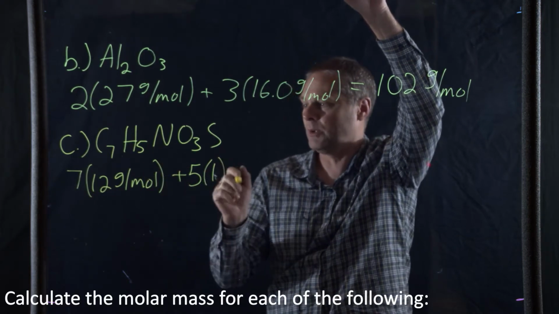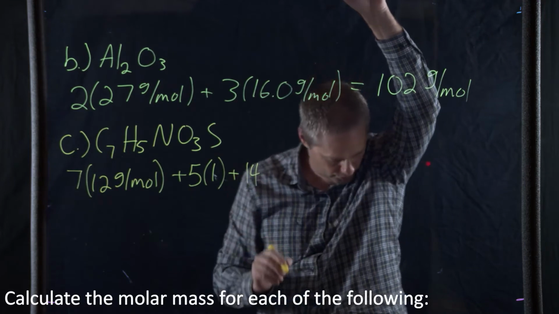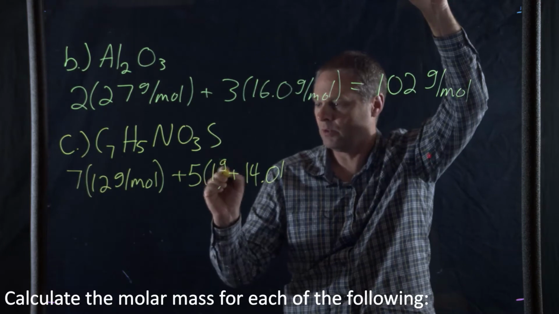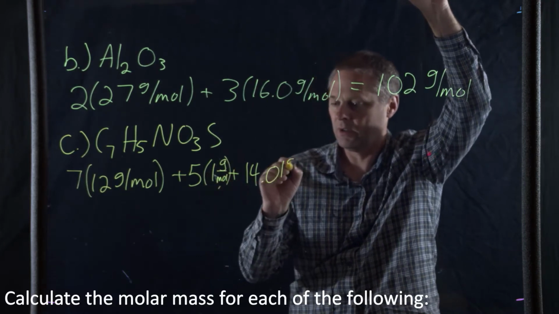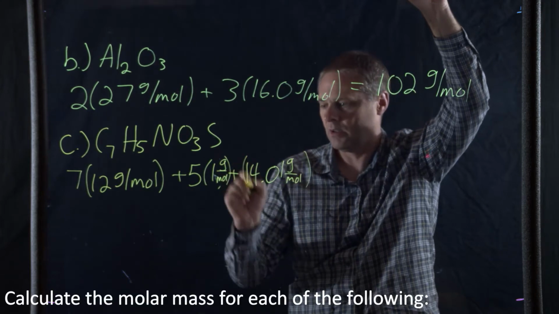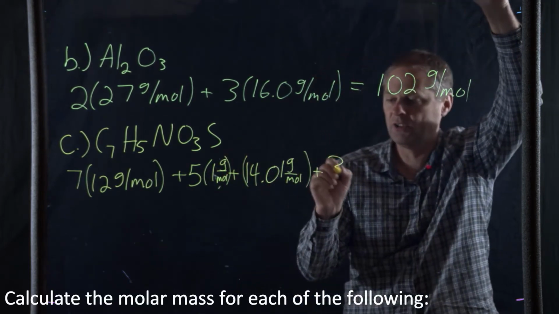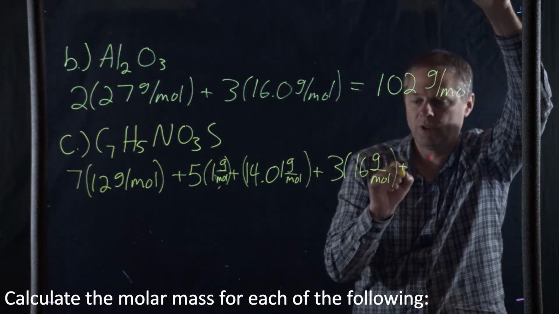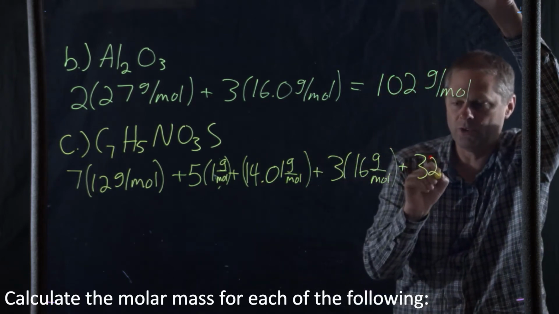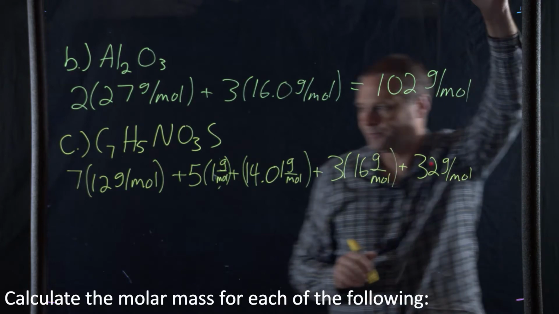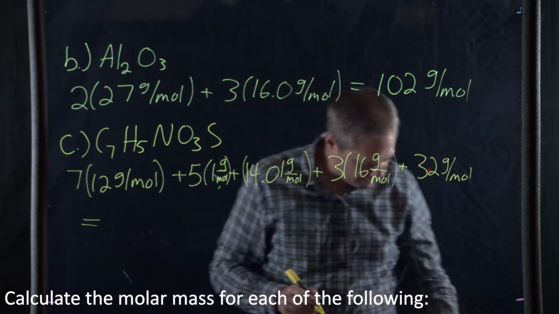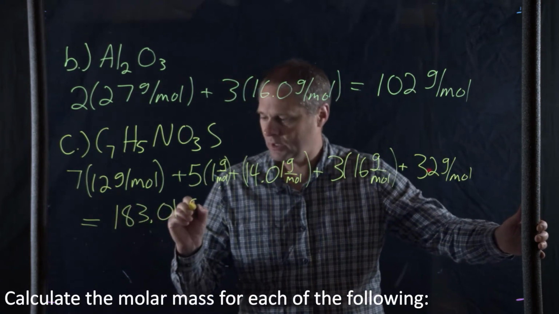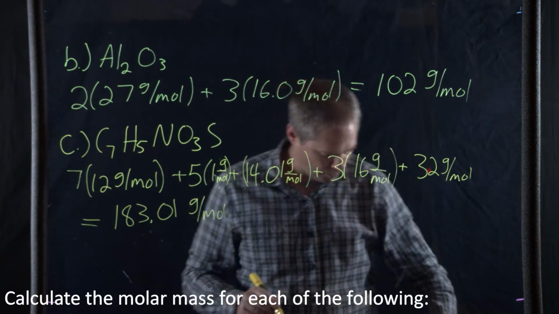So molar mass of hydrogen is going to be 1, plus 1 nitrogen, which is 14.01. I should write grams per mole, sorry. Plus 3 oxygens. Plus a sulfur, which is 32 grams per mole. So if you sum all of these up, what one gets is 183.01 grams per mole.